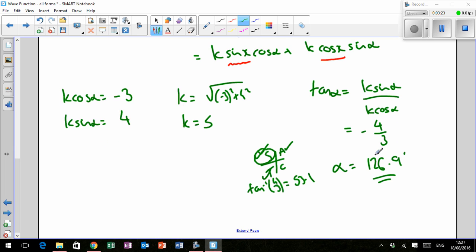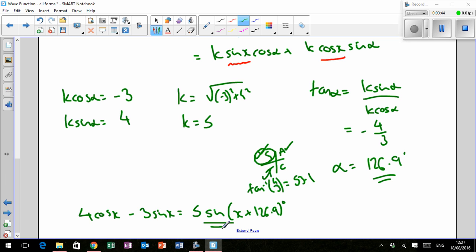Okay, and we'll just do a bit of our admin at the end. 4 cos x minus 3 sin x is equal to 5 sin(x plus 126.9 degrees).